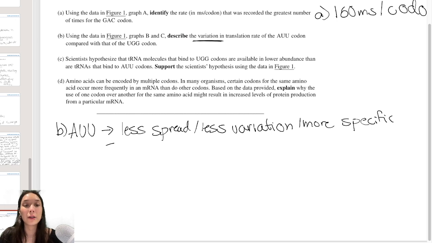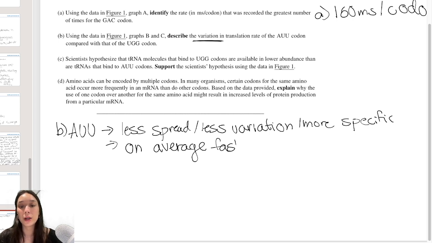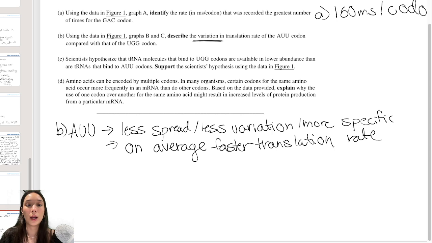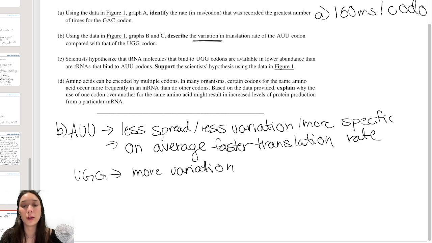And then you can say compared to UGG, on average, and I would mention on average because you obviously have a spread and multiple numbers, it has a faster translation rate. Now for UGG, it would just be the opposite. More variation, because we saw a really big spread of that data, it probably would have a very large, if we're thinking about it in terms of significant error, and then on average, slower.